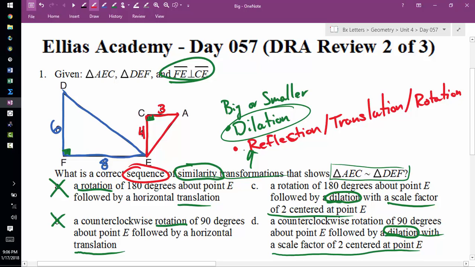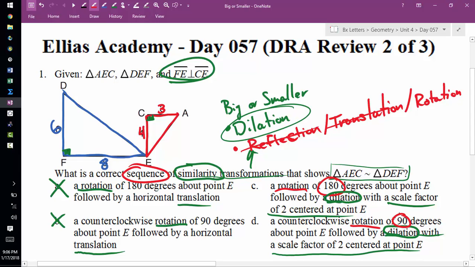And if we look, it can't be a reflection, it can't be a translation, because both of the answer choices are rotations. And it's a matter of how many degrees we're rotating, and which direction. It's not clear which way we're rotating, but let's just focus in on the degree amount, 180 and 90.